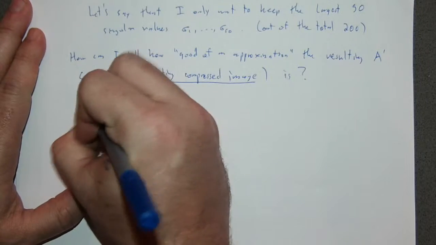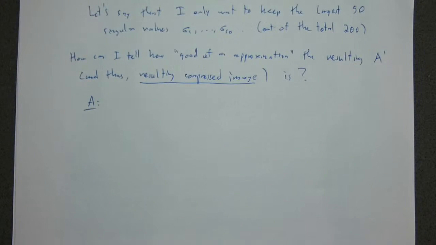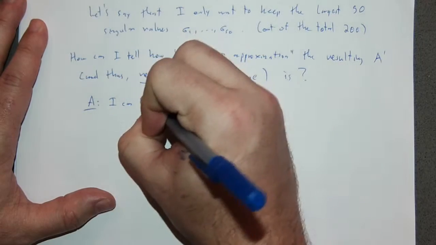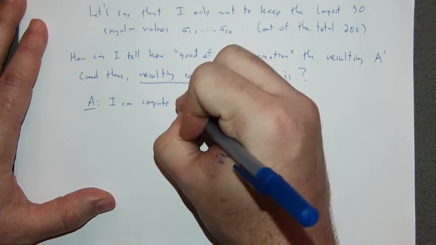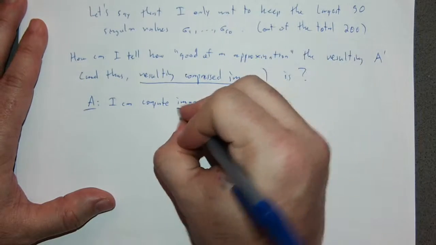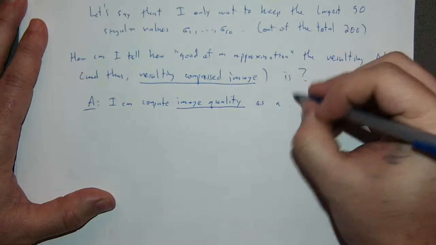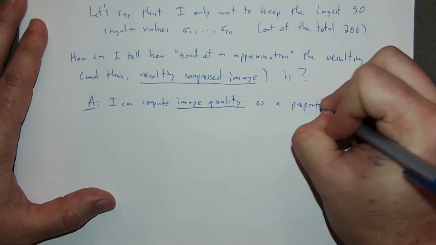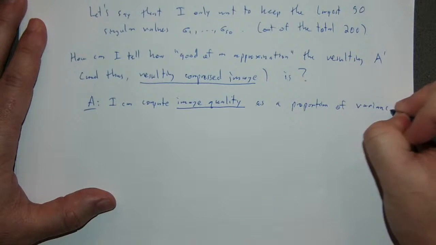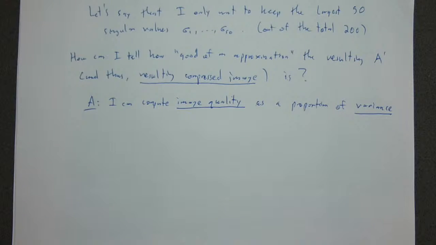I can compute the image quality directly, so I can compute image quality as a proportion of variance. So I'm not going to define it, but if you have seen variance in a statistical sense, then you'll see what I'm doing here.